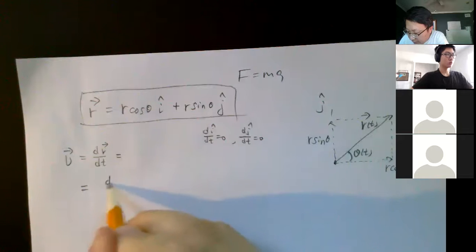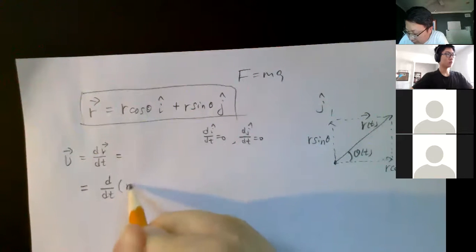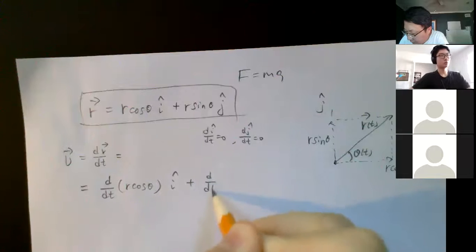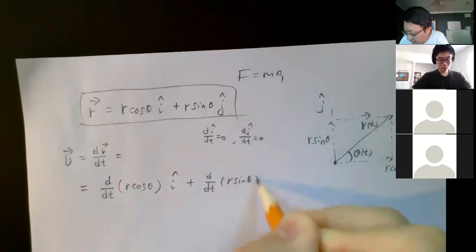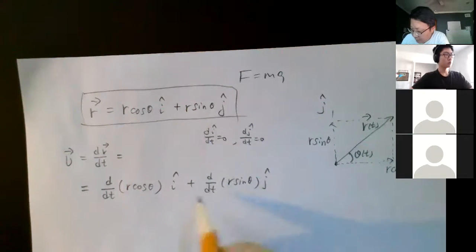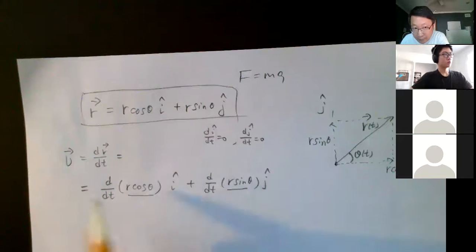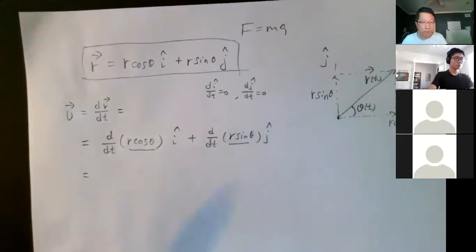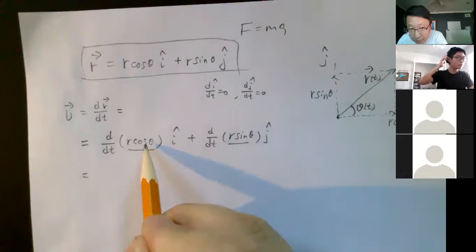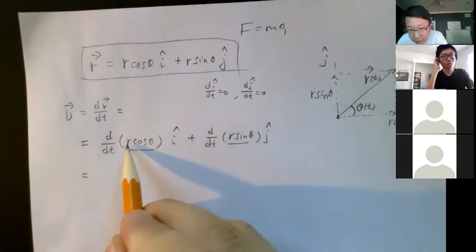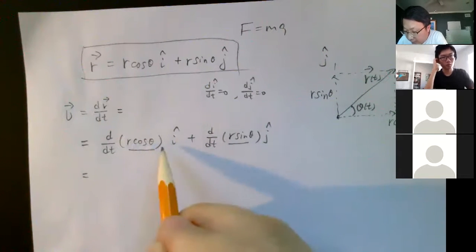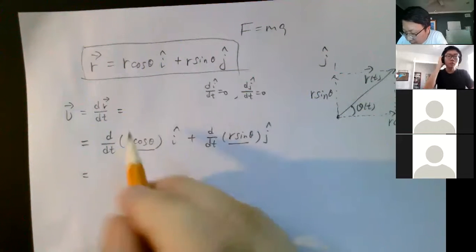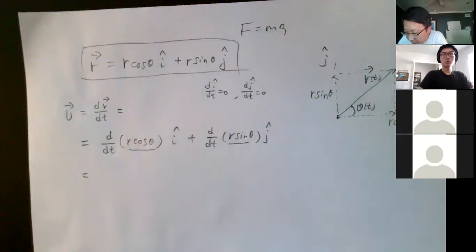So basically, you involve d dt of r cosine theta i, right, plus d dt of r sine theta j, right? So this whole thing has to be derivative. How to do that derivative? Remember what I did before? So two functions multiplied together, you have to differentiate the first one, keep the second one, and then keep the first one and differentiate the second one. So let me use the dot on the top as a derivative.